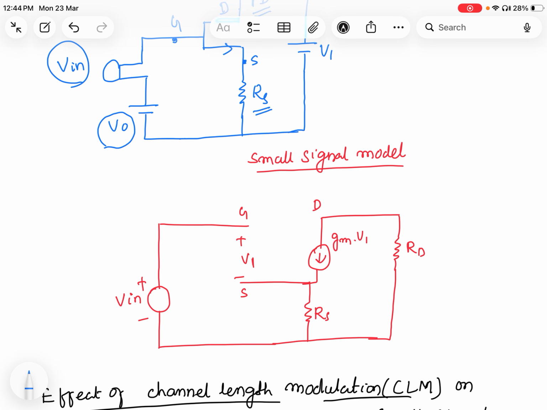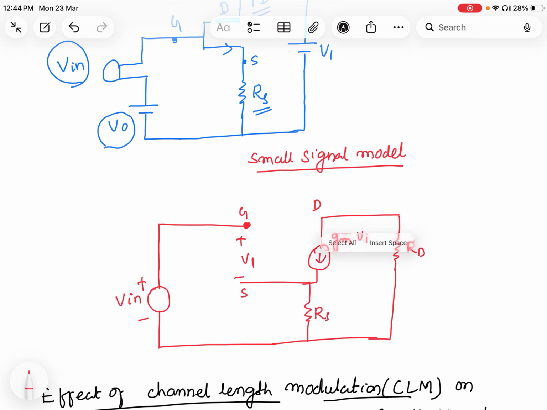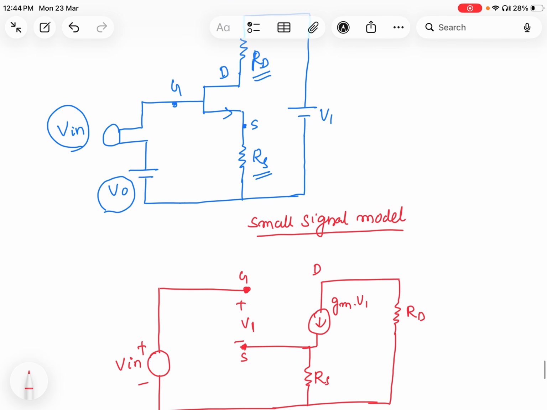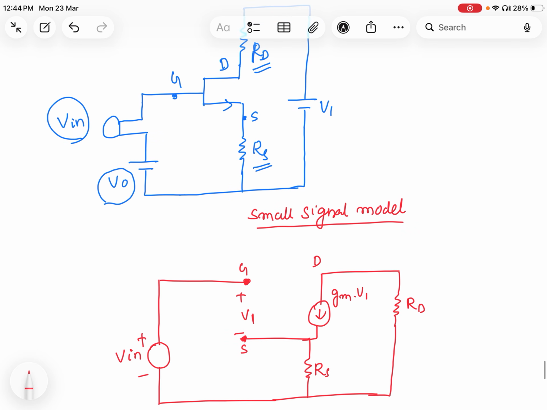So first I will take the gate here, then the source. In between gate and source, let the voltage be V1, not this V1, so don't confuse it. Let me change the name here. This is your V in.